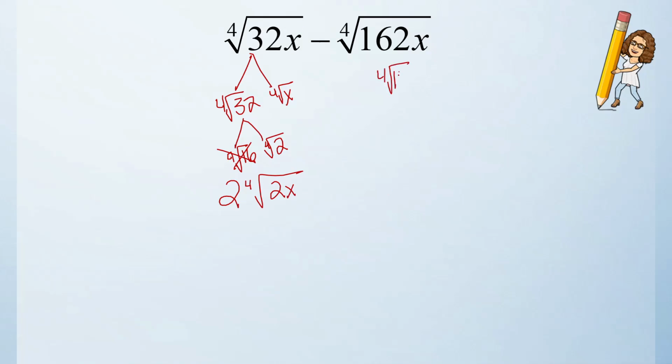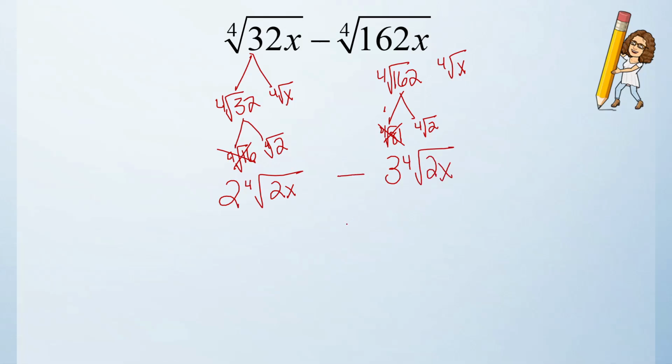Do the same thing for the top here. Ooh, 4th root of 81? Yeah. So 4th root of 81, 4th root of 2. That'd be 3 4th roots of 2x.